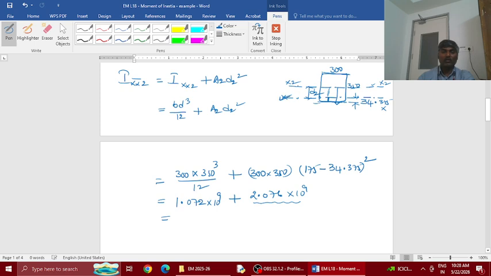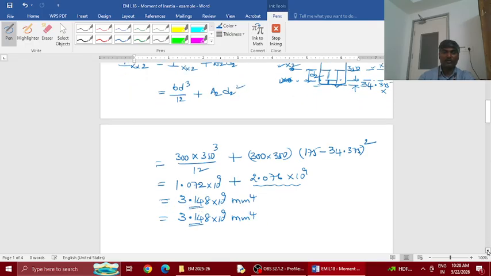You know this value bd cubed by 12. To transfer the moment of inertia from this axis to this axis, you need this transfer term that is called area into distance squared. So total put together, 3.148 into 10 power 9 mm power 4. This is for the second figure.